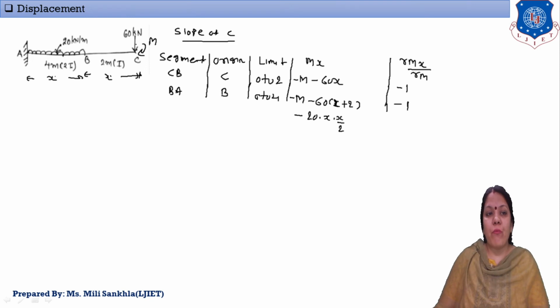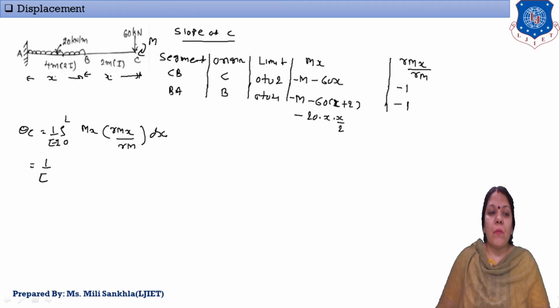Now our equation of theta, right here: theta c is equal to 1 by EI, limit of 0 to L, Mx, then del Mx by del m into dx. Now one by one we multiply 1 by EI.